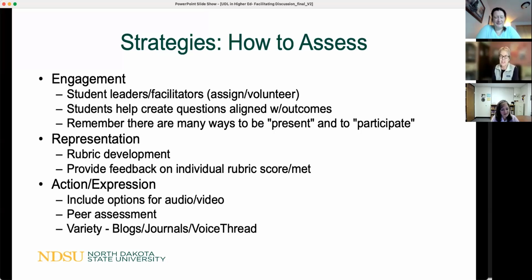Another with the action expression that is really helpful is the peer assessment. And going back to that beginning with engagement on the student leaders, as a part of being a leader or facilitator for the week or 2 weeks for the discussion, assessment is a part of it, and having students respond to each student or several students, so many responses, and having your facilitator student help to bring it together and summarize in the end.